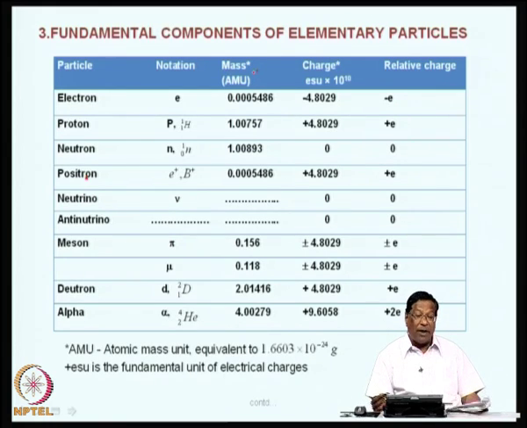So, if an atom has to be neutral, it must have an equal number of protons and electrons. Now, if the atom were only made up of protons and electrons, the weight of the atom should match the number of protons and electrons, and the charge and weight should be matching.